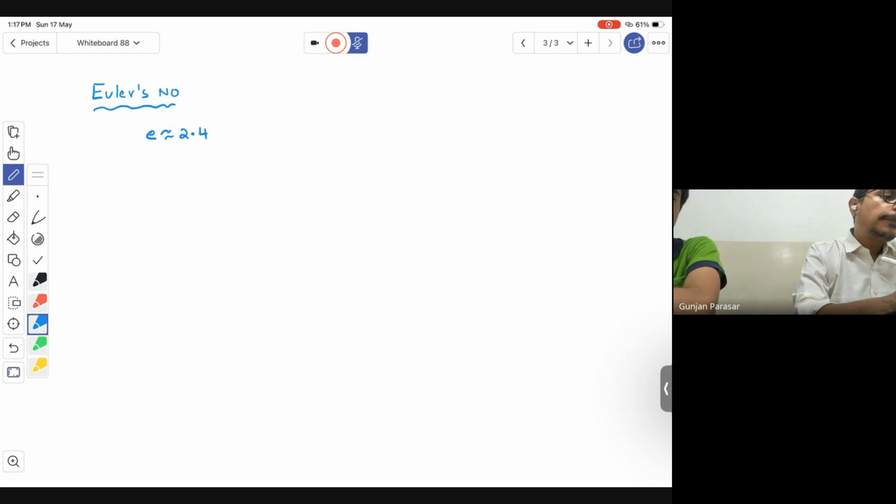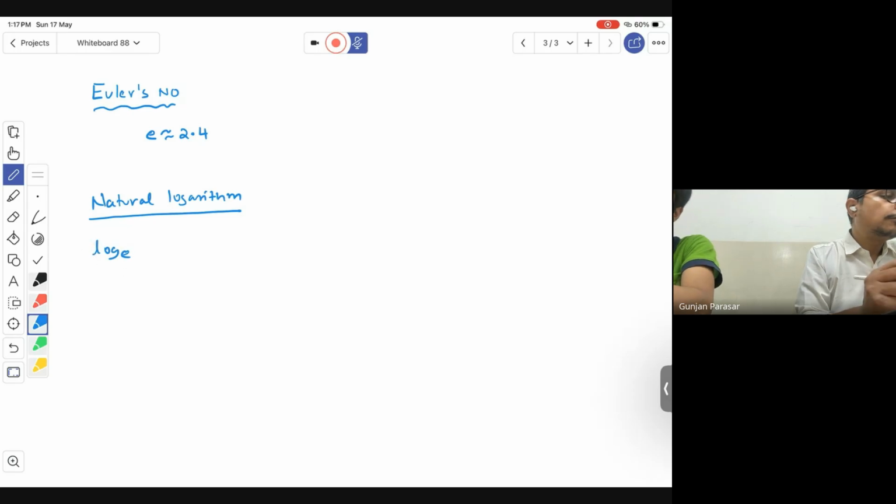So whenever the base of the log or logarithm is E, it is called the natural log. So if I have a base which is E, that is called the natural log. So in physics, if I write log somewhere having no base, by default you will mean the base is E because we do natural things.